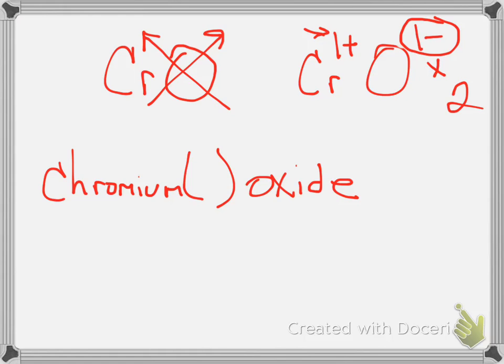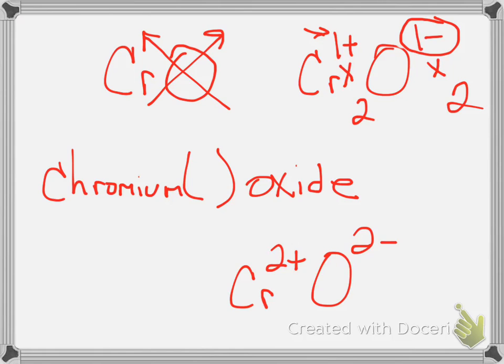But if you do it to the oxygen, you have to do it to the chromium as well. 1 plus times 2 is 2. So the actual charges on this compound are right here. And when I crisscross them, they actually reduced. That's why I had this. So CrO is actually chromium 2 oxide. All right, there you go. That's ionic nomenclature of type 1 and type 2 compounds.